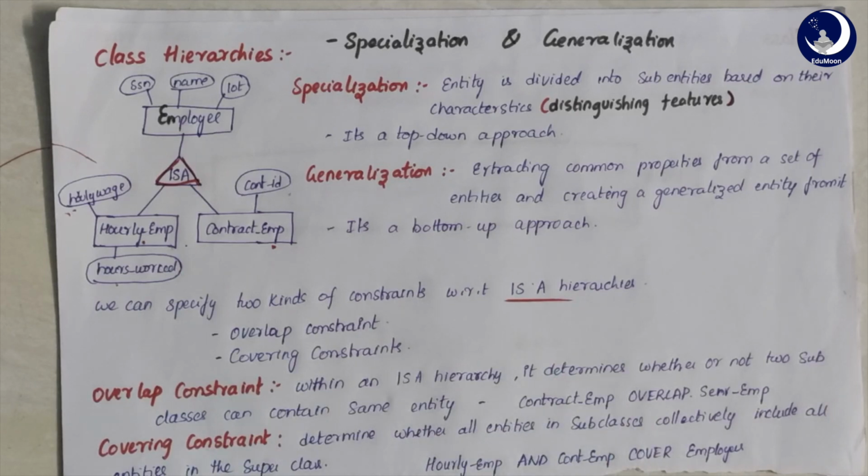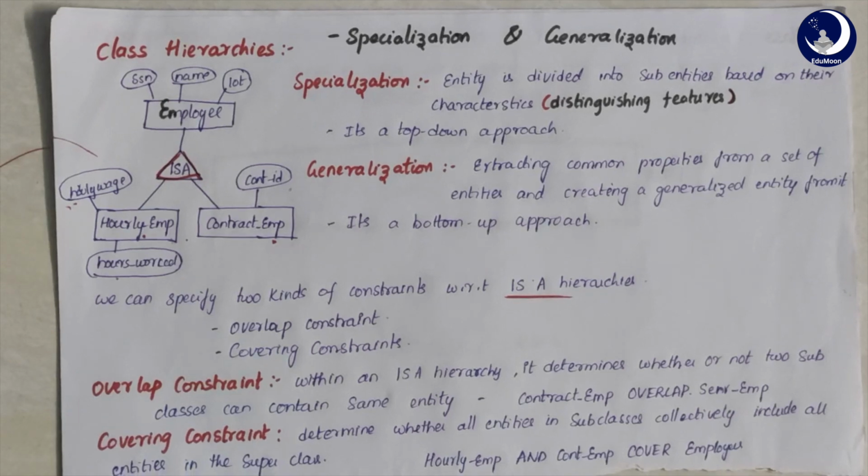What are overlapping constraints? Within an ISA hierarchy, it determines whether or not two subclasses can contain the same entity. For example, let's take an employee Vidya. Can Vidya be both a contract employee and an hourly employee? It's not possible, right? It doesn't make any sense.